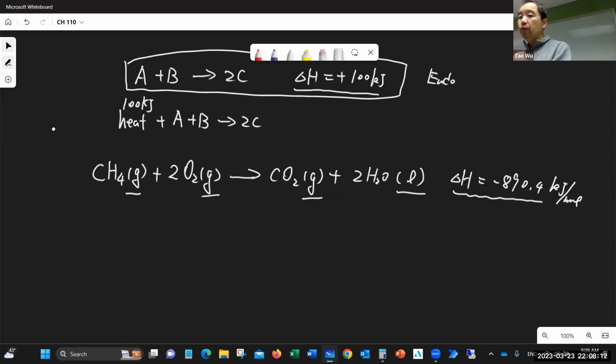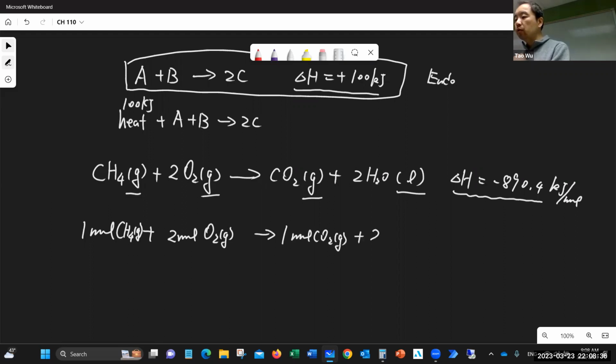That means if we use up 1 mole of methane, it is going to react with 2 moles of oxygen gas, and then they're going to produce 1 mole of CO2 gas and form 2 moles of liquid water, and meanwhile they're going to produce heat, negative 890.4 kilojoules of heat. Okay, so this is the meaning of that.